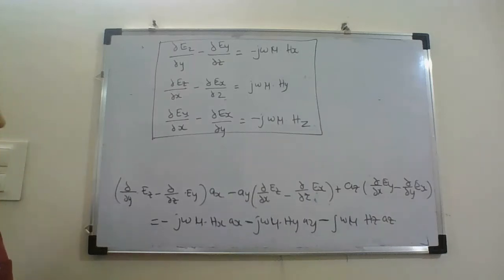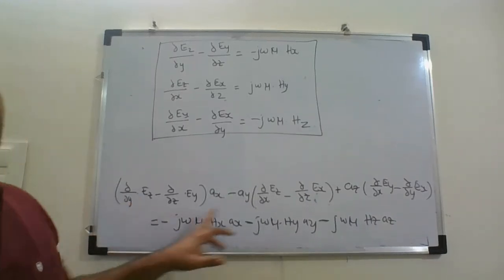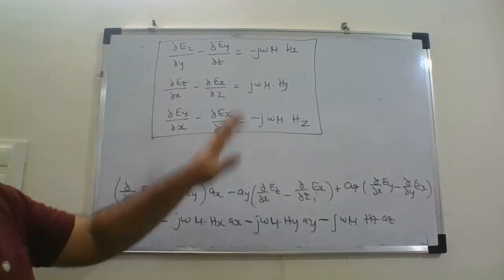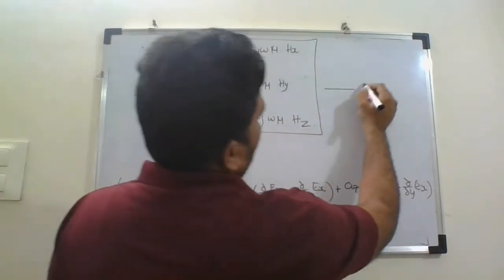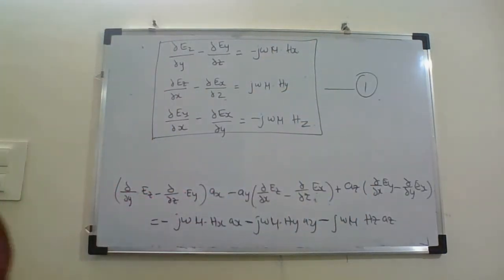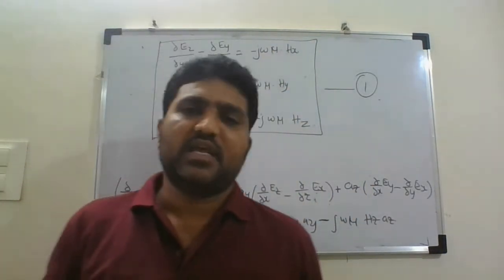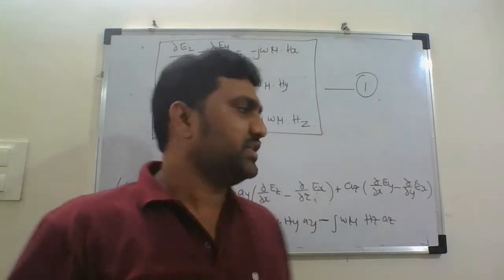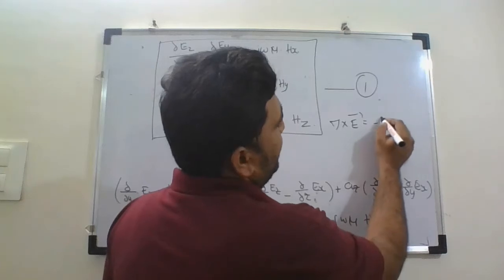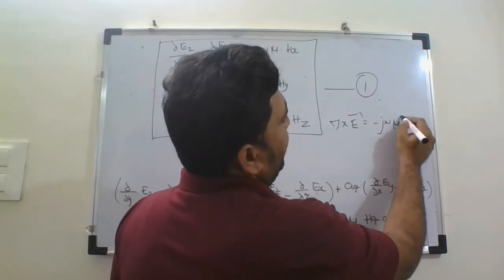Equating from this expansion, if I equate the individual terms, I will get like this. Let this entire set be equation one. What I have done is I have taken the first Maxwell's equation, del cross E bar is equal to minus jωμ into H bar.